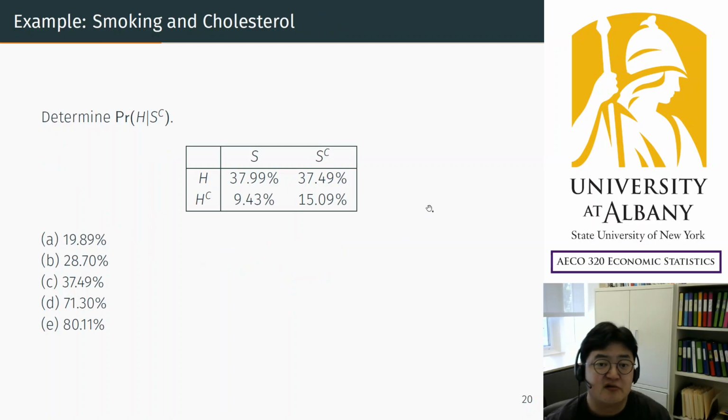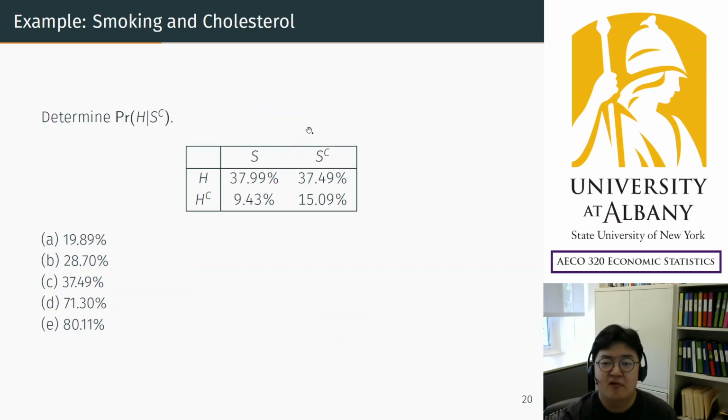Now it's your turn. Calculate the probability of high cholesterol among non-smokers from the joint probability table. So try this. The idea is simple. Again, we are going to delete the first column.